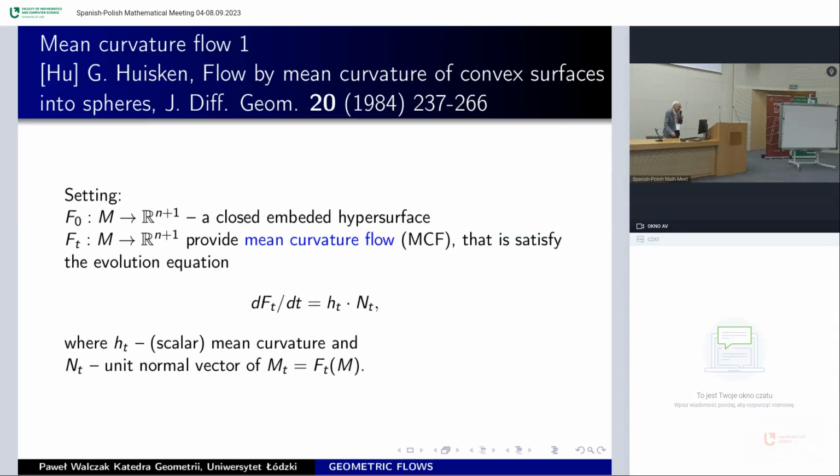Now, something slightly more general is a similar consideration for surfaces, let's say hypersurfaces in Euclidean space of arbitrary dimension, with mean curvature replacing the curvature of the curve of the previous slide.